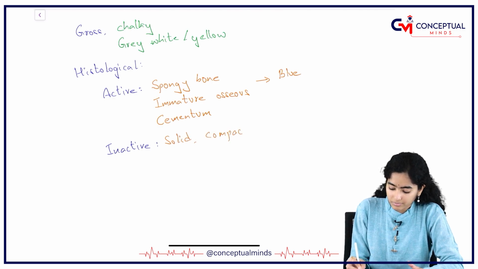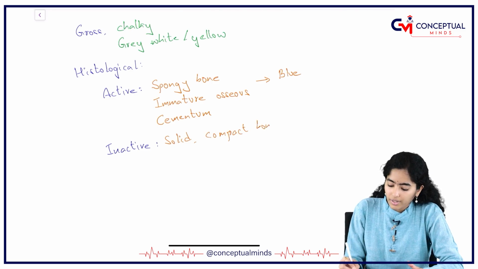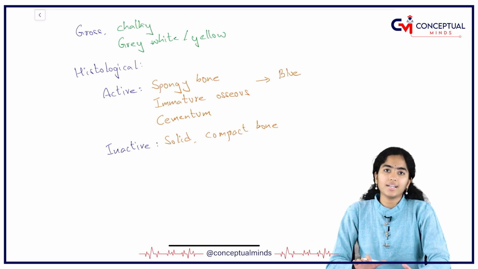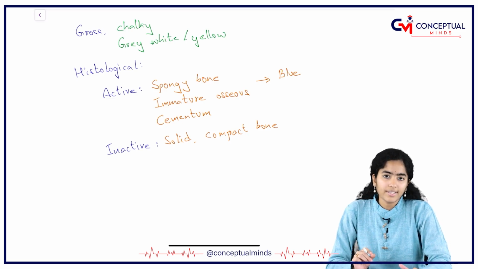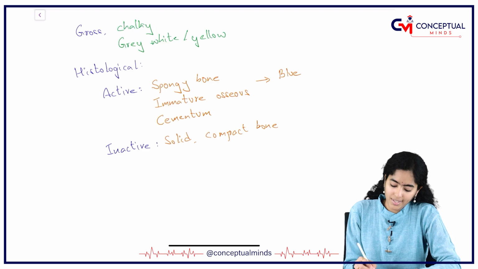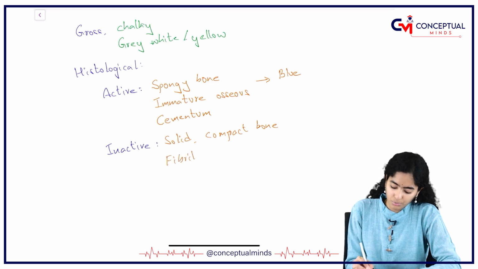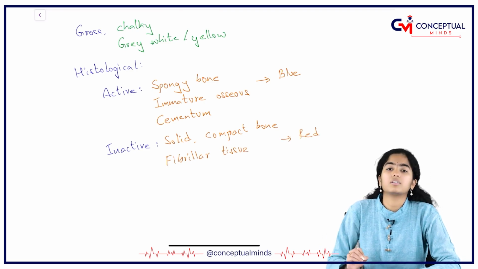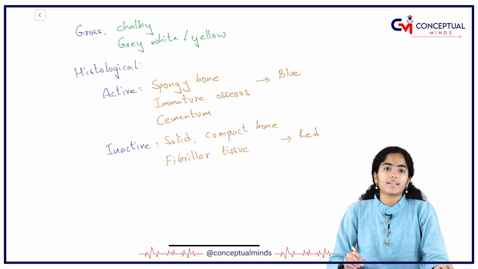Even the marrow spaces are reduced, and there is a mosaic-like tissue where there are only tiny marrow spaces and very few blood vessels. And all the cementum is also replaced by fibrillar tissue. This inactive lesion has a red colored appearance. This is about histological features of otosclerosis.